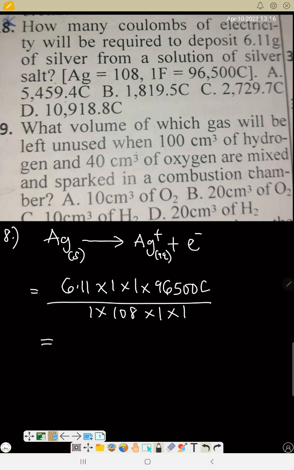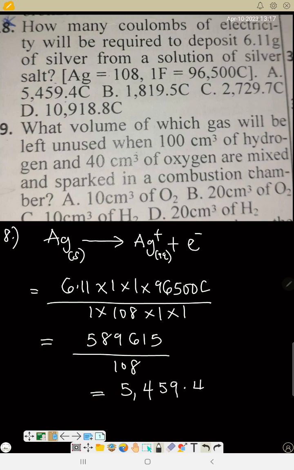So this will become 6.11 times 96500. That will be 589615 divided by 108, which equals 5459.4 coulomb.